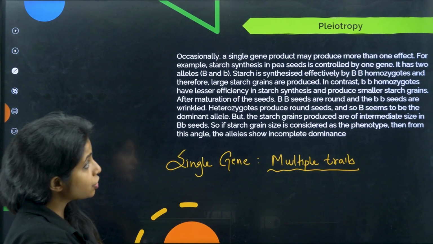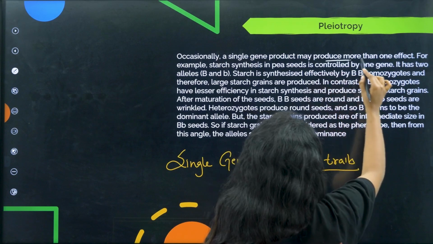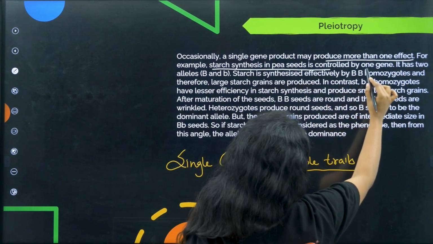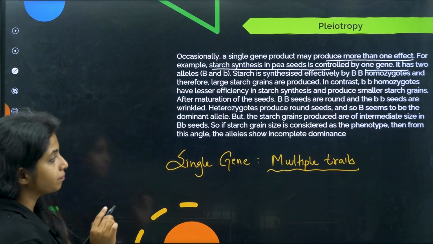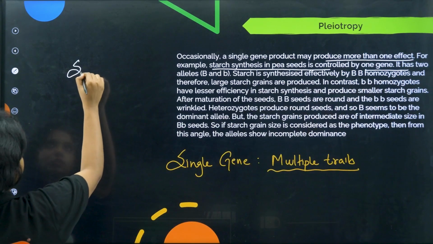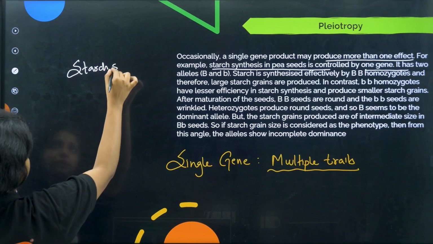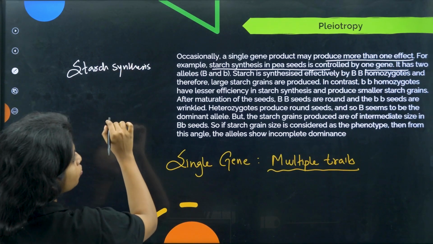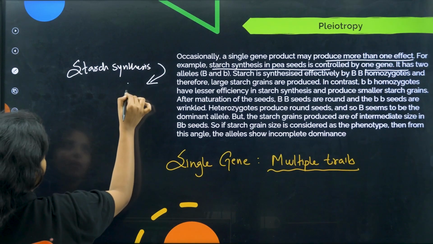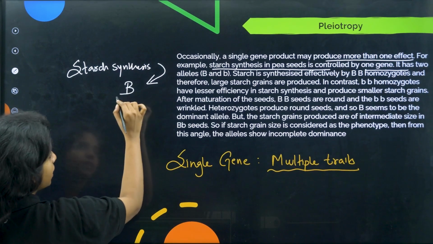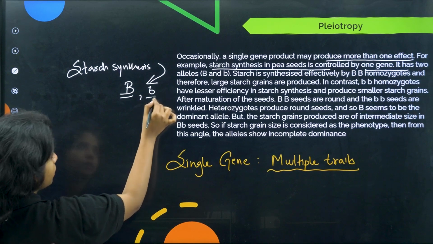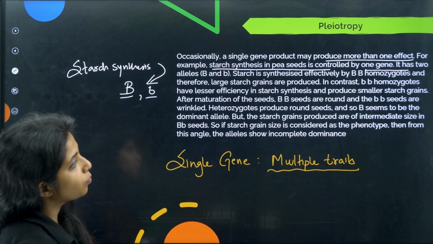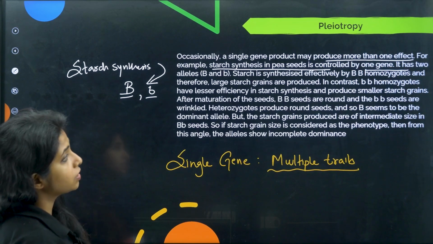Okay. Occasionally, a single gene product may produce more than one effect. For example, starch synthesis in pea seeds is controlled by one gene. So I am saying that starch synthesis is controlled by one gene which has 2 alleles, and that gene is capital B, and it has 2 alleles, so capital B and then small b. Starch is synthesized effectively by BB homozygotes and therefore large starch grains are produced.